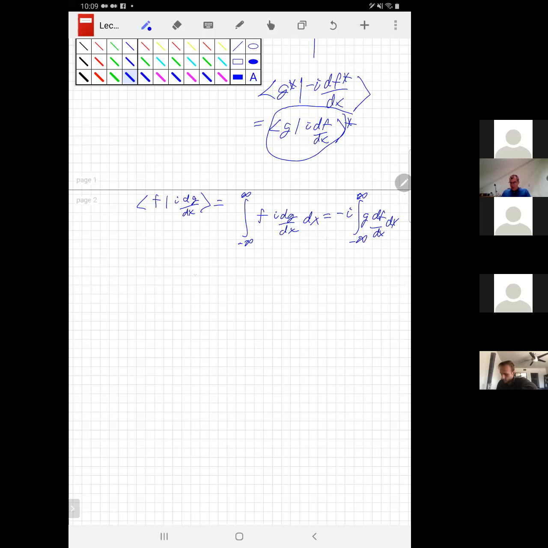So I'm going to call i d/dx P, because it's similar to the momentum operator in quantum mechanics, except that technically I should be calling it px.